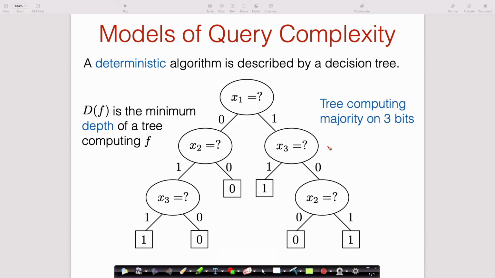So in this case, we have a function majority on 3 bits. We're going to have a 3-bit input and 1 bit of output.